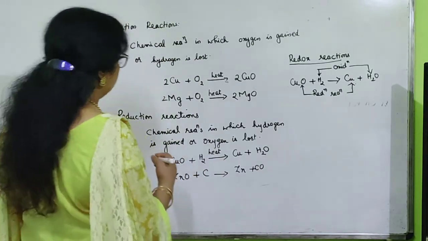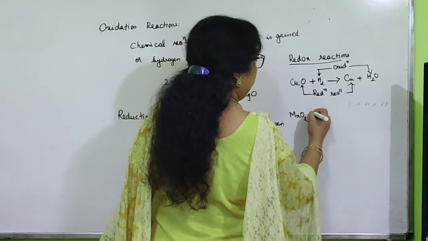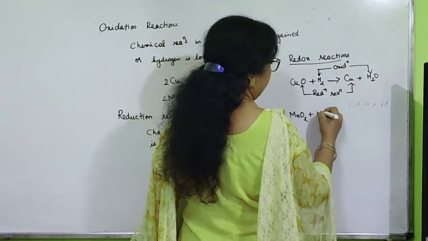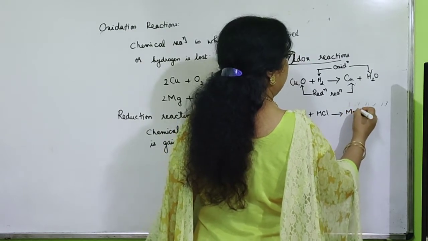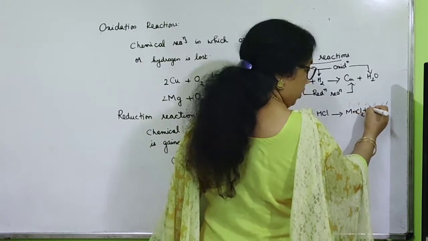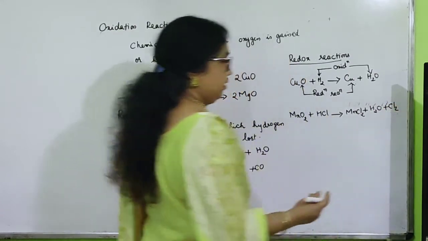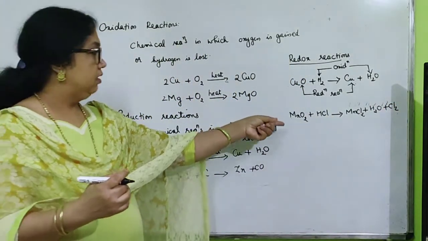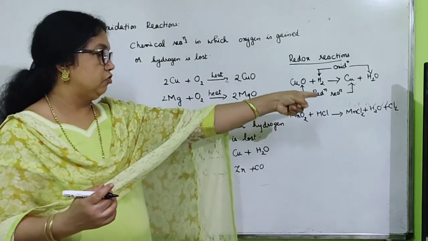Another example is MnO2, manganese oxide. It reacts with HCl and forms manganese chloride plus water plus chlorine. MnO2 plus HCl gives MnCl2 plus H2O plus Cl2.